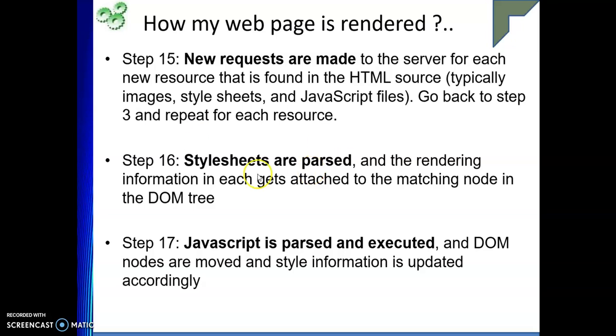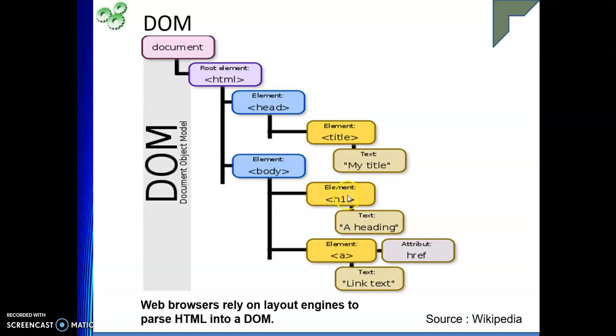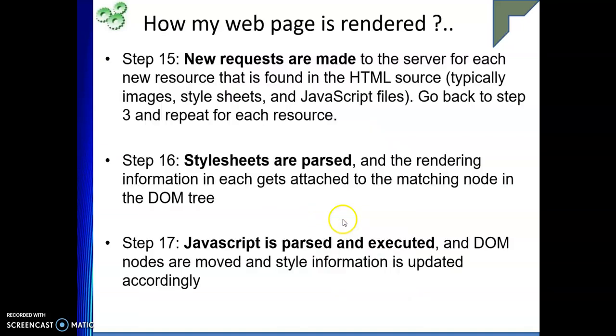It will go back and try to extract all these things, and the style sheet will be parsed and render information gets attached to the matching node in the DOM tree. So suppose here itself, it will start adding into this particular node. And the JavaScript is executed, and DOM nodes are modified and style information updated accordingly.